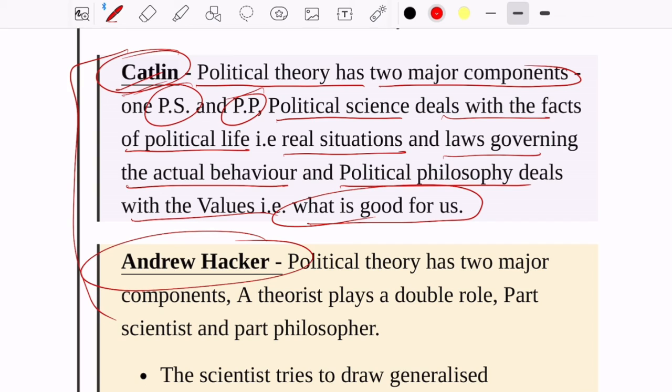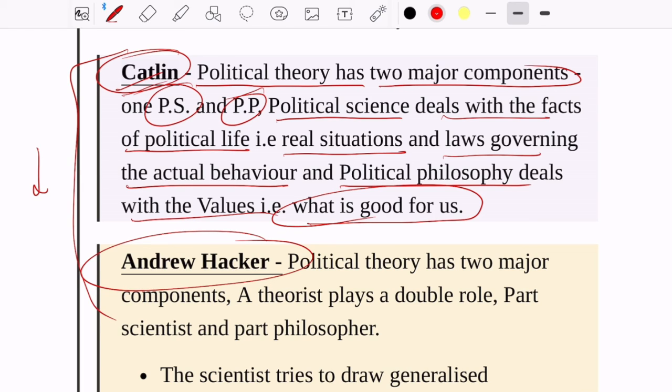So this was the whole concept of political theory, and how political theory is related to political science and political philosophy, and what is the meaning of political science and political philosophy. Now listen, about political science and political philosophy, we will discuss in very detail when we get further, when we read about the behavioral movement in political theory in the next one or two videos.